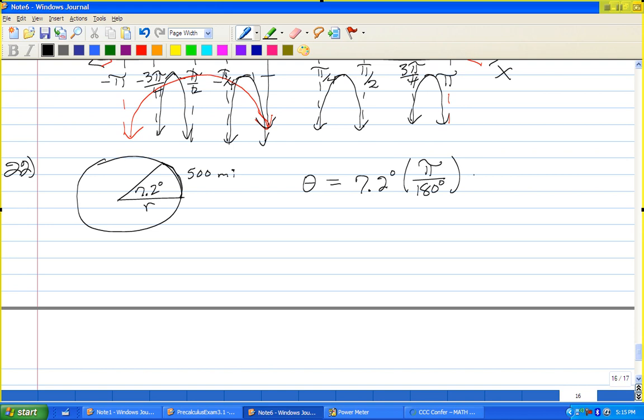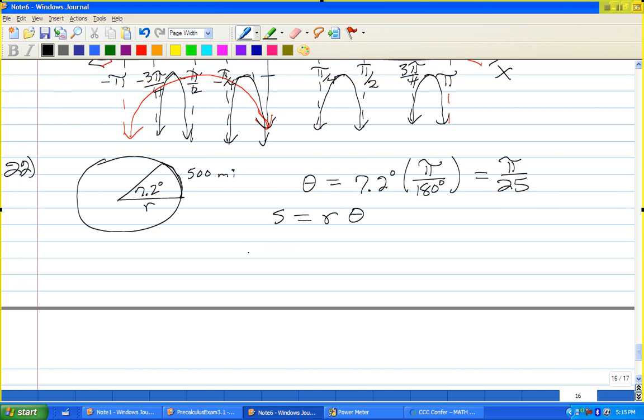So this is pi over 25. And so the arc length S is r theta.